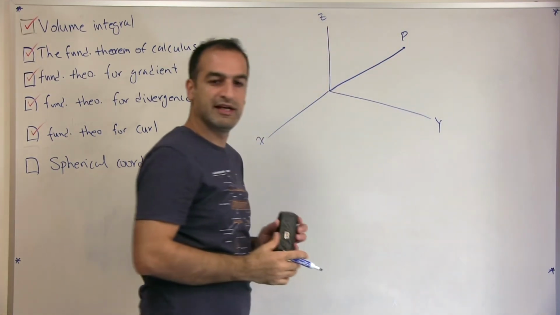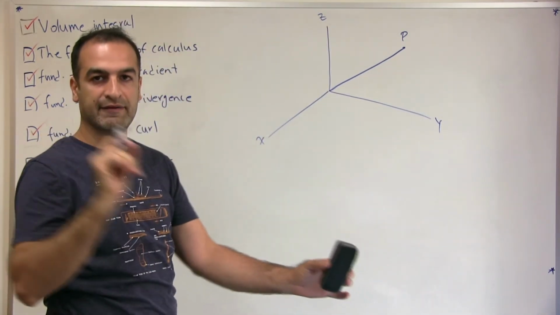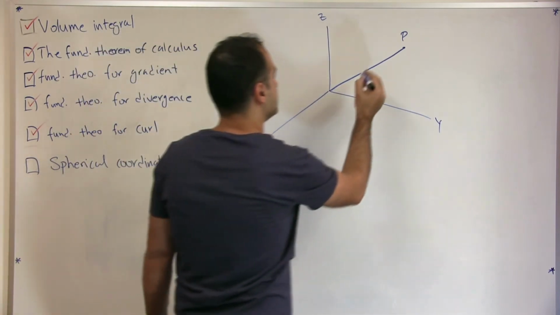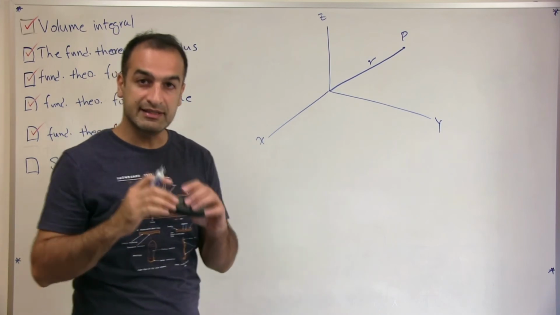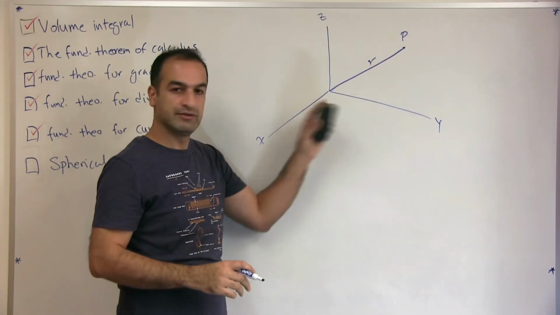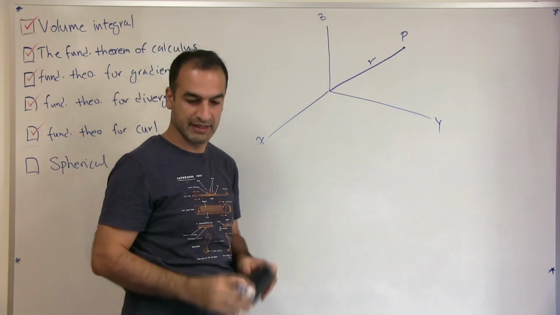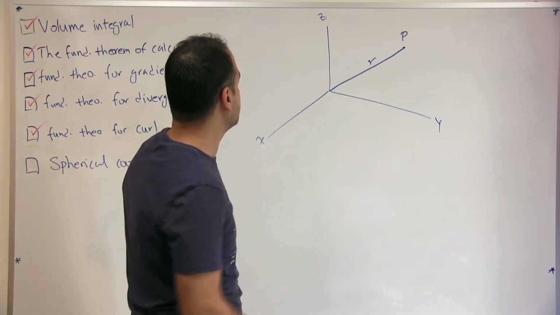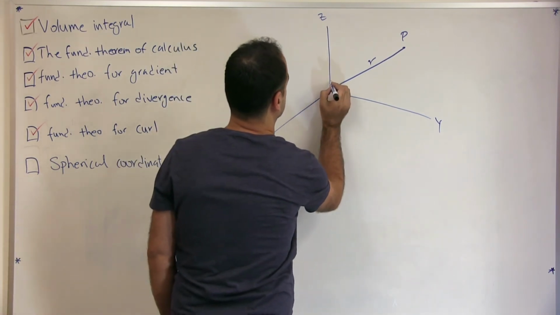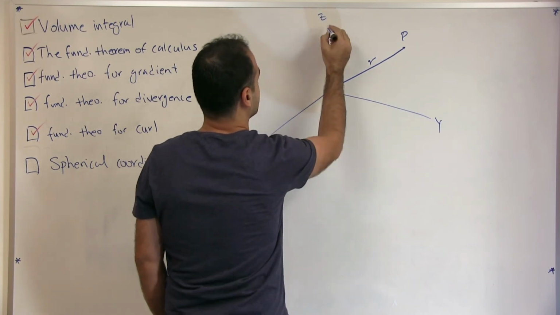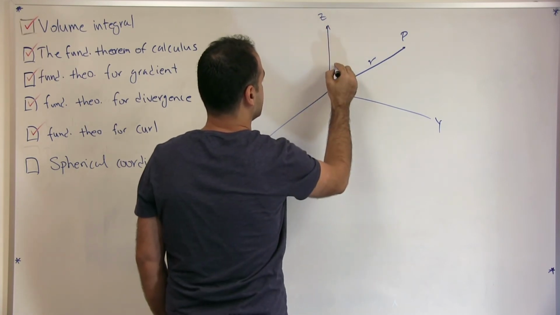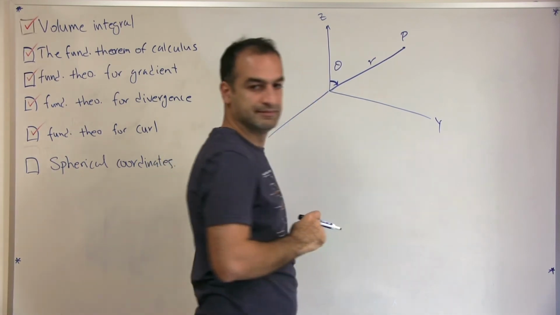And the first thing I look at is how far I am from the origin. That's going to be my first variable, R. That shows the distance of P to the origin. And the second thing I look at is the angle that the line makes with the z-axis, and I'm going to call that theta.